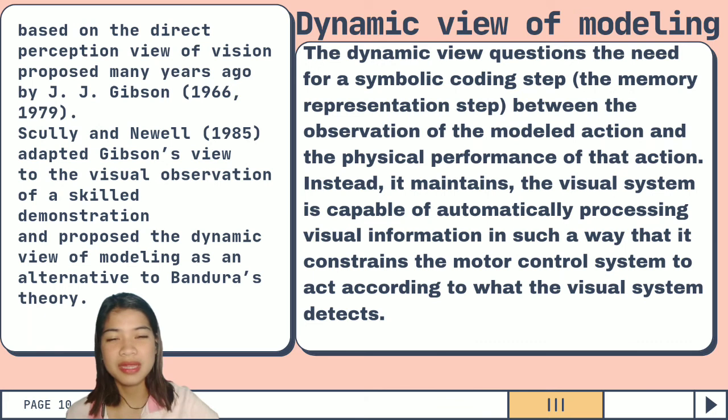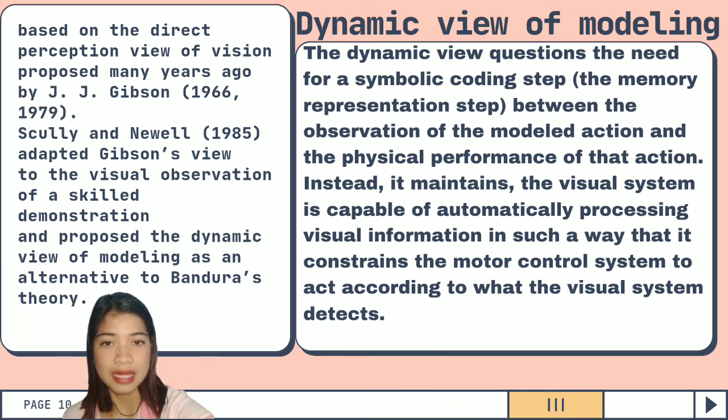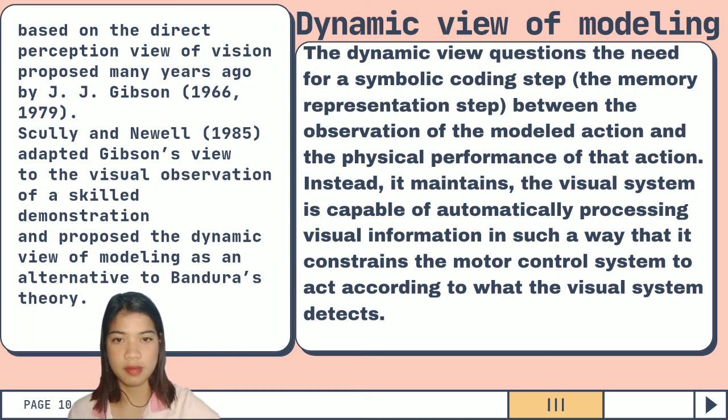Instead, it maintains the visual system is capable of automatically processing visual information in such a way that it constrains the motor control system to act according to what the visual system depicts. So the visual system picks up from the model salient information that effectively constrains the body and limbs to act in a specific way. Okay?